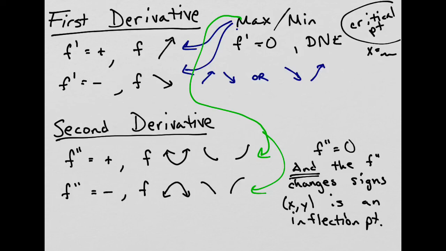And that is a full point. So at x, if the second derivative is 0, and to the left and to the right it changes from concave up to concave down or the other way around, then this point is an inflection point.